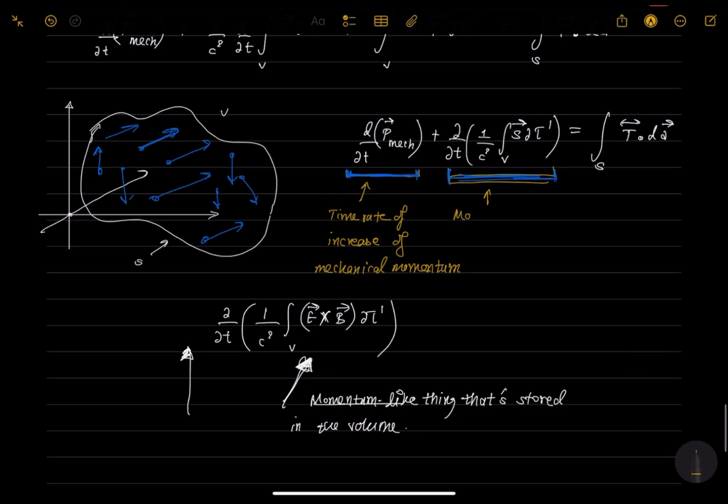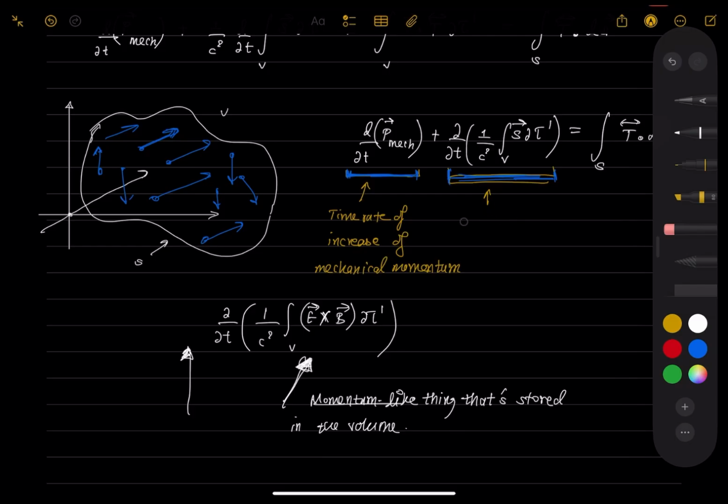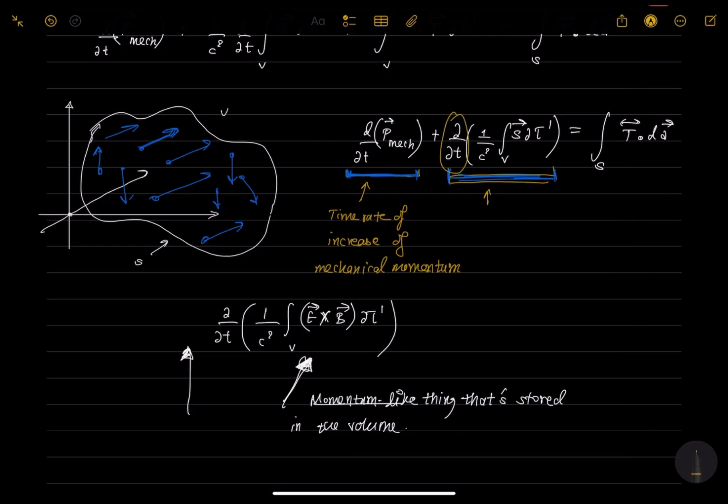This is the total momentum, actually the whole thing, because we've got the time derivative as well. That whole thing is the time rate of increase, or it could be decrease as well, of field momentum. That's what we interpret the second term as.